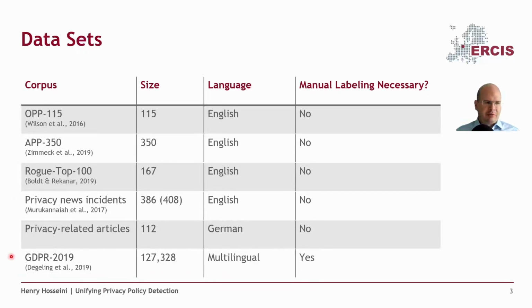And since a similar corpus to the sanitized English corpora of privacy policies does not exist, we need to manually label the GDPR 2019 corpus, which is a multilingual corpus, in order to also obtain labeled data for the German language, as well as to expand the English training set. And for how we accelerated the manual labeling process, as well as detailed statistics on our training set, I refer you to our paper.